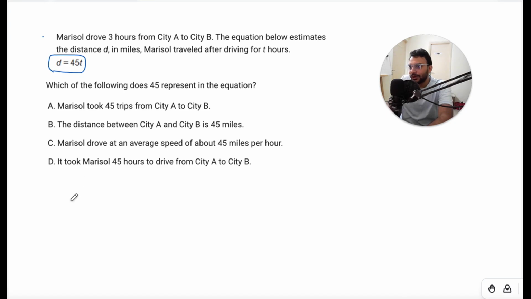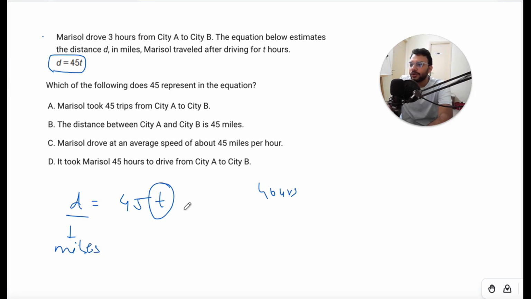Okay, so we want to know about the significance of this number 45. What does that represent? So t is in hours and distance d would be in miles.